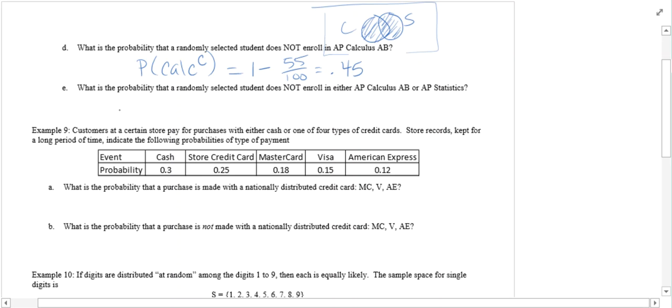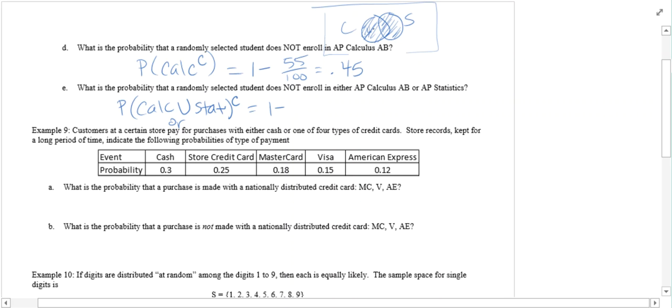So what we want to write in probability notation is the probability of calc or statistics, complement. Okay, so this is the or, stats or statistics, and it's not in there, so it's the complement. Okay, so we're going to do 1 minus what's in this Venn diagram. These three pieces.